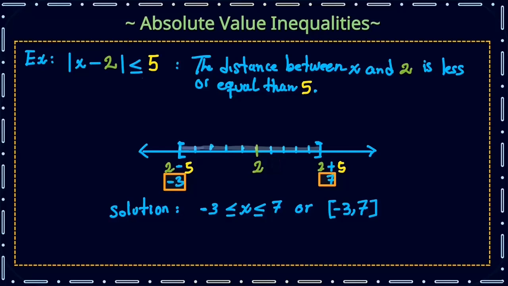Let's choose another number. Let's say we choose negative 1. The distance between negative 1 and 2, if you count it, is 3. And 3 is in fact less than or equal to 5.